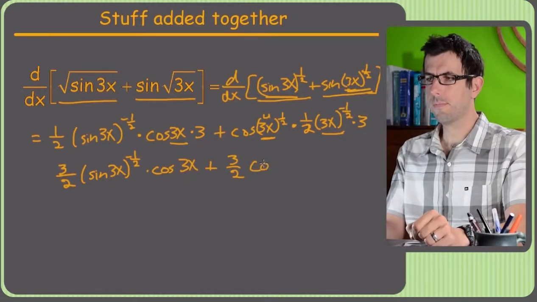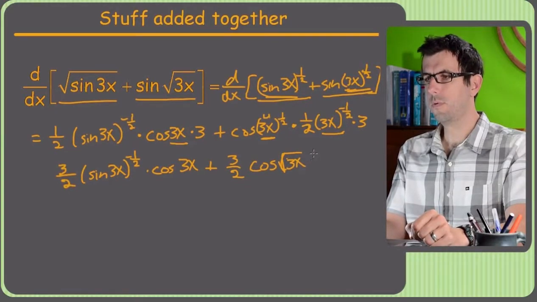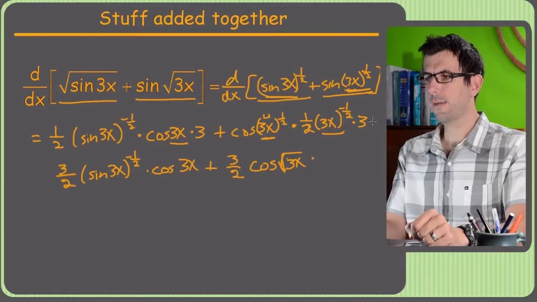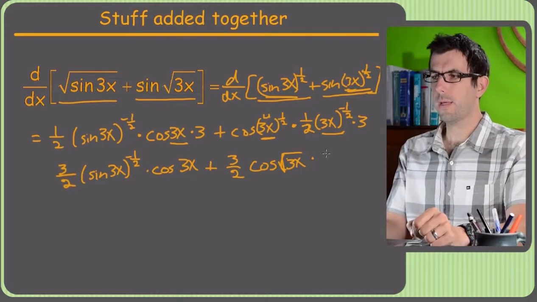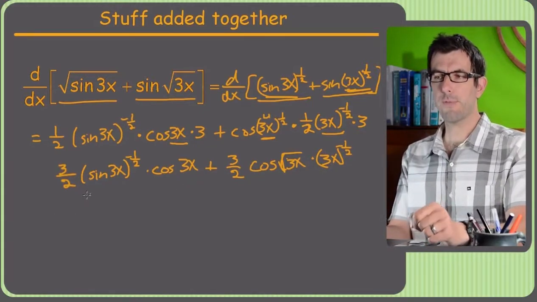Cosine of square root of 3x times, let's see, 3/2, already used that. Then we've got 3x to the negative 1/2. All right, so right here we have a pretty big mess.